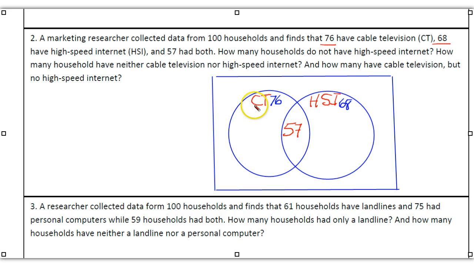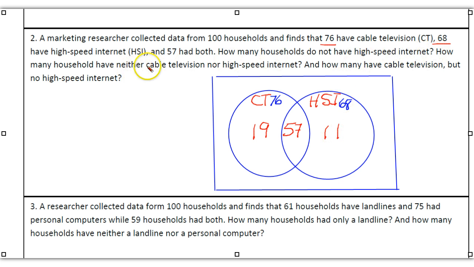Well, how do we figure out what this side is? Well, if we subtract 57 from 76, we're going to get 19 here. And if we subtract 57 from 68, we're going to get 11 here.